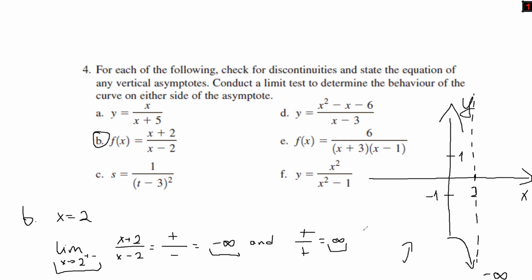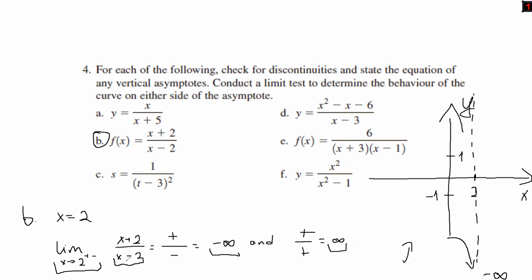On the other hand, from the positive side, what would happen, Yusuf? The positive side, it would go like that. Yeah, so if you look here, you're going to have numbers slightly more than 2.